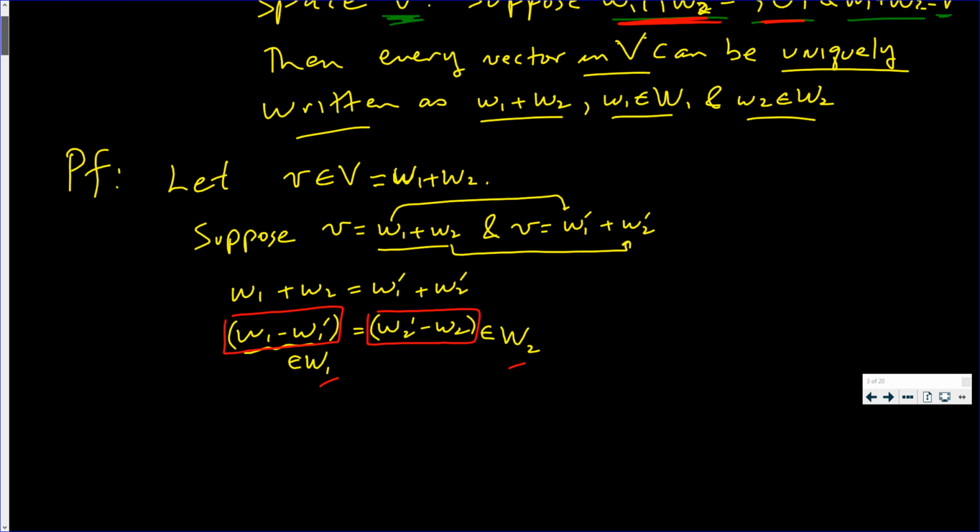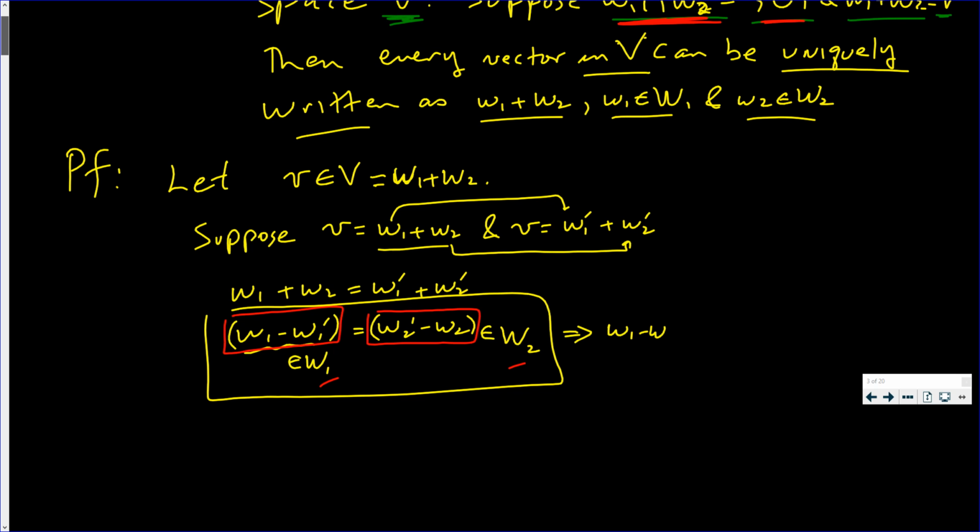So this statement here implies that w1 minus w1 prime, which equals w2 minus w2 prime, are in W1 intersect W2.